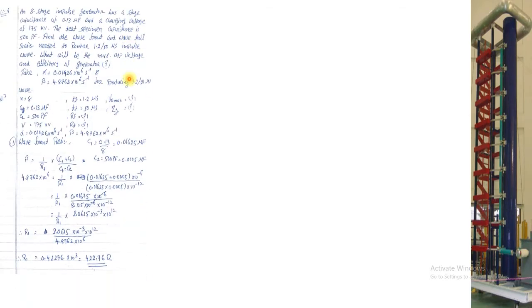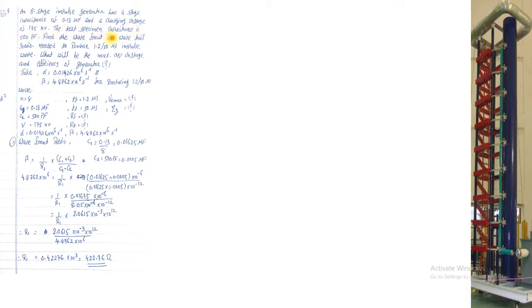Again for the impulse voltage generator, but here you have something new in the data compared to the previous ones. So let us first read the statement. The 8-stage impulse generator has a stage capacitance of 0.13 microfarad and a charging voltage of 175 kilovolt.